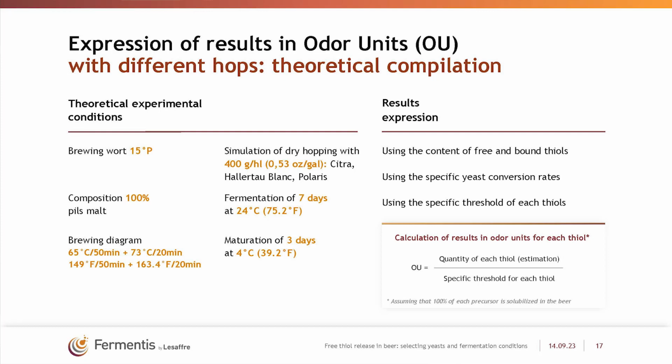So from those results, from the percentage of release, we made a theoretical recipe to do an extrapolation of the results, to have an idea of how the different yeasts would impact the release of thiols by using specific hops. The hops we have been looking at are Citra, Aleto Blanc, and Polaris.